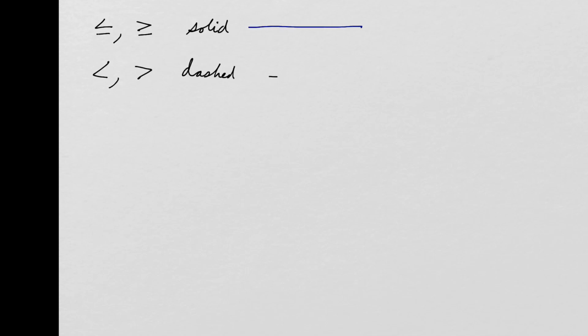Actually, let me do it in blue. And that just means that the solution doesn't contain the line itself. The points on the line itself are not solutions to the inequality. In this case, where we have a solid line, the points right on the line itself are also solutions because we have the equal to, but in the dashed case, they would not be solutions. Just everything else in the shaded region, not right on the boundary itself.